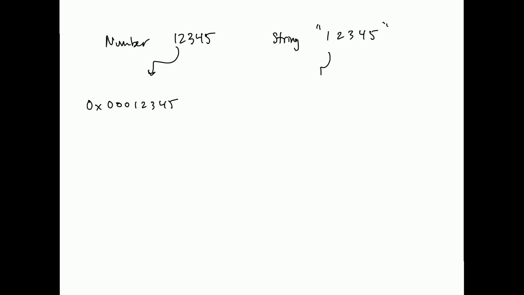Whereas this, how would this be laid out in memory? Well, what's the ASCII code for the number one? Does anybody have their ASCII table handy, or look it up for me real quick?